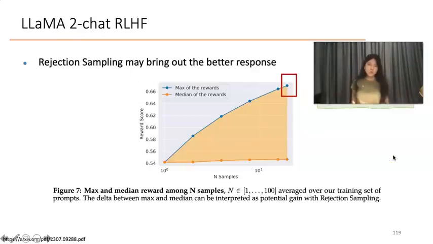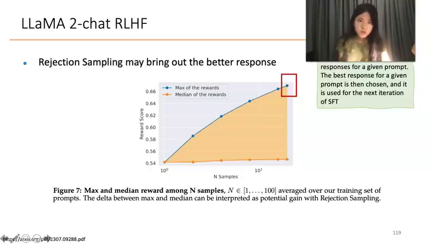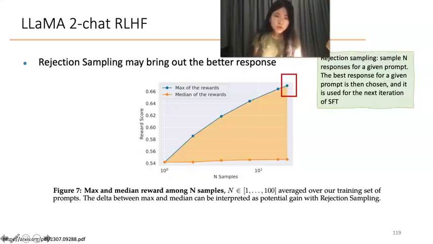And here, another thing that's different from ChatGPT is the RLHF stage of Llama, where Llama uses rejection sampling to sample many responses for a given prompt, and the best response for that prompt is then chosen and used for the next iteration of supervised fine-tuning.